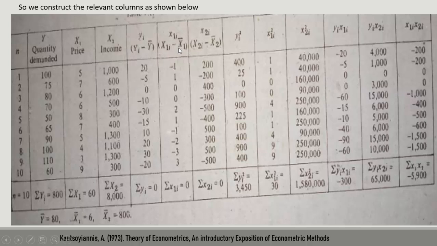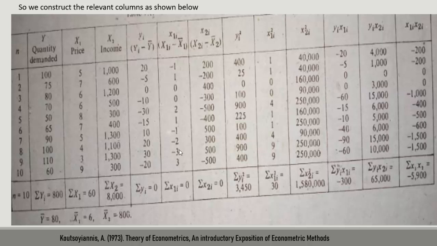So x1 minus x1 bar means to subtract x1 bar from each observation in the column x1. x1 bar is 6, so 5 minus 6, minus 1. 7 minus 6, 1. 6 minus 6, 0. 6 minus 6, 0. 8 minus 6, 2. 7 minus 6, 1. 5 minus 6, minus 1. 4 minus 6, minus 2. 3 minus 6, minus 3. 9 minus 6, 3. So it becomes the column of small x1.